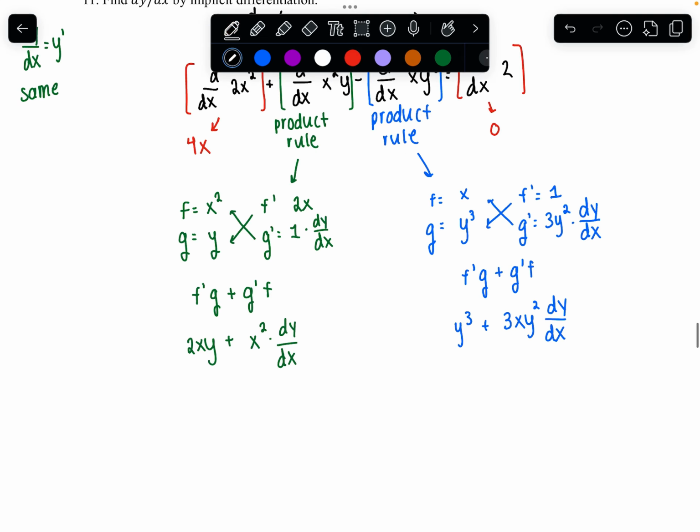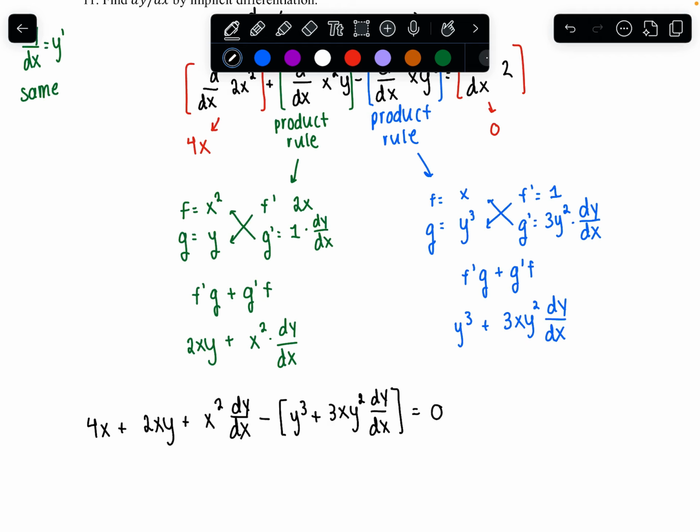So now let's put all the pieces together. We're going to have 4x plus 2xy plus x squared dy dx minus, let's make sure this whole thing in blue gets subtracted, not just the first term, very common mistake. Okay, and then equals 0.